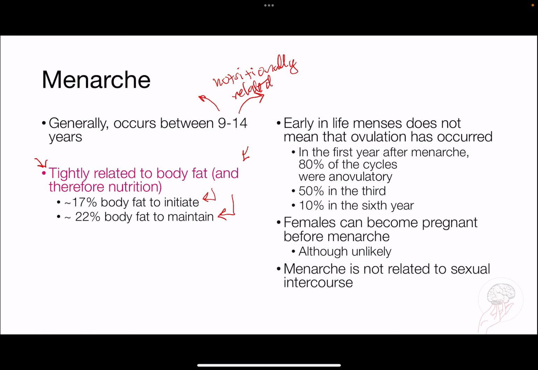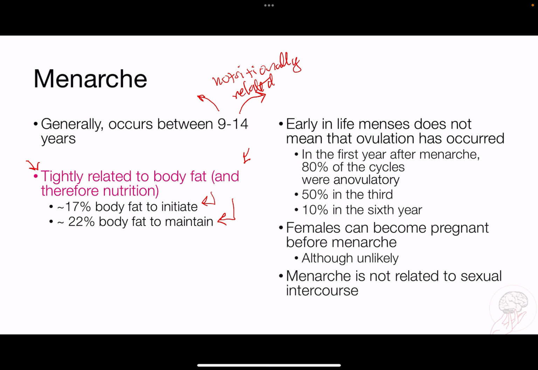And this is because menarche is a signal that the body is becoming or gaining the ability to carry an embryo and develop that embryo into a fetus.